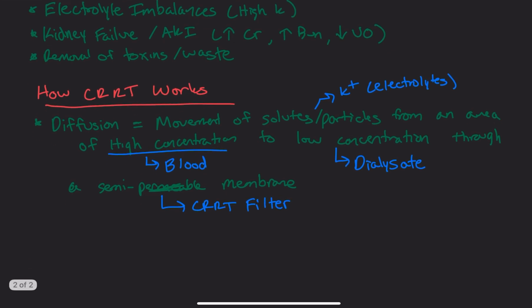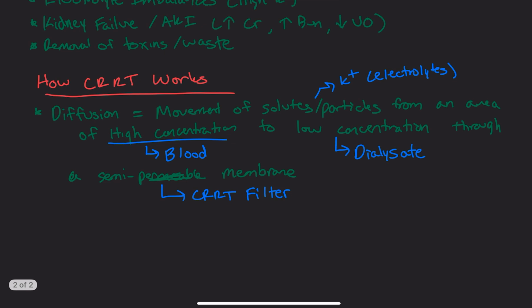Okay, so we'll break this down a little bit. Let's say your patient comes in with a potassium of 5.9. That's the potassium in their blood, so that's the area of high concentration. The area of low concentration is your dialysate.